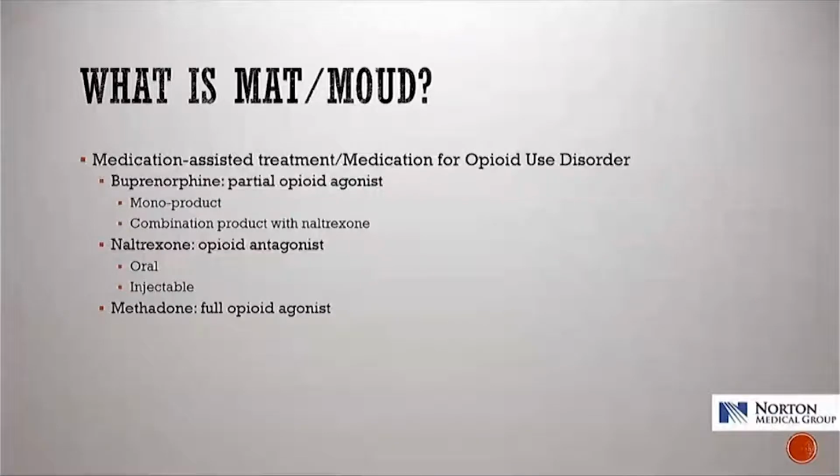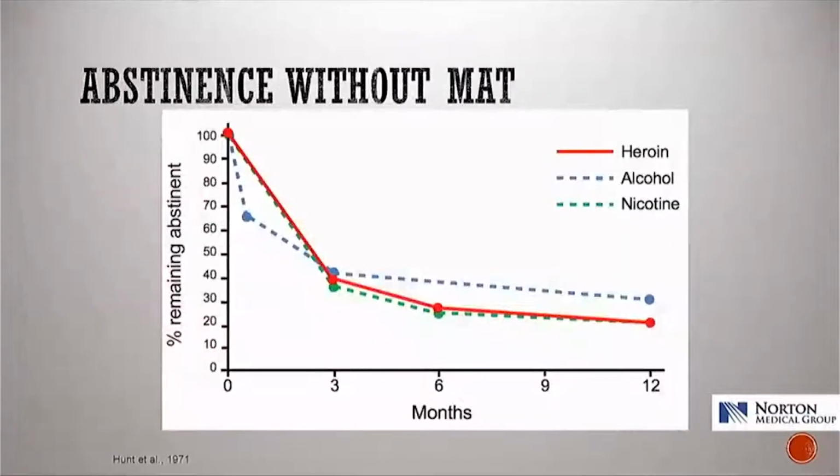And so I want to talk about just MAT and the use of those medications and the effectiveness briefly. So what we see, and this is an old study in 1971, who just followed people over time with basic interventions back in the day in terms of abstinence-based treatment, and they just followed people over time and found that many people dropped out and were unable to remain abstinent or free of substances in those first 3 months.